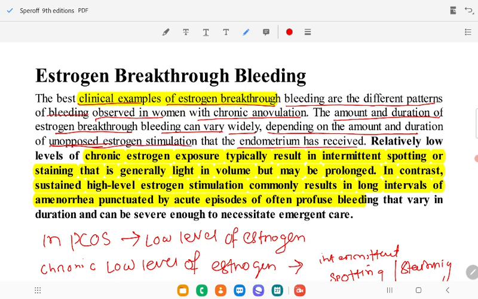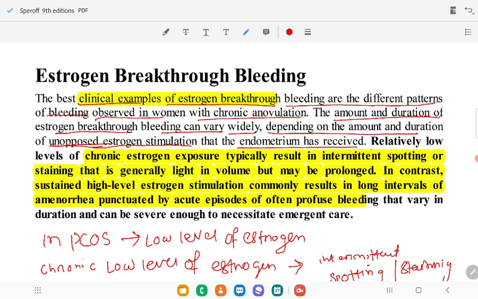So remember, it will vary widely. How much on-off estrogen and for what duration the endometrium has received will tell us the amount and duration of the estrogen breakthrough bleeding that occurs.